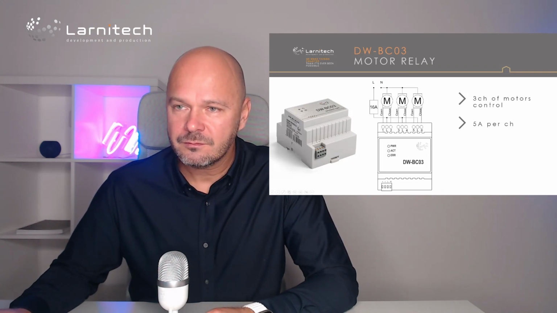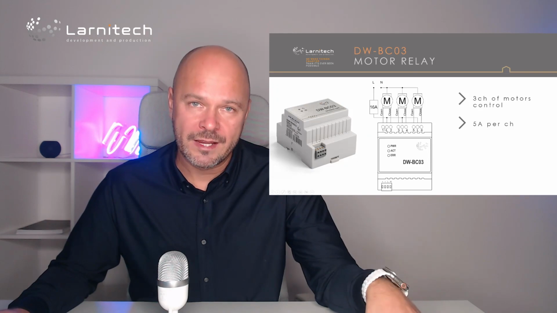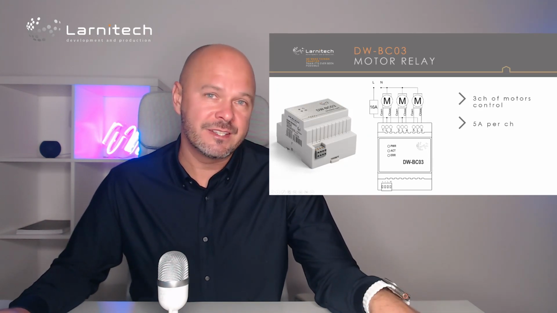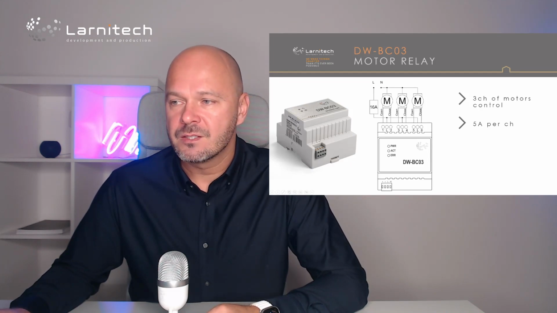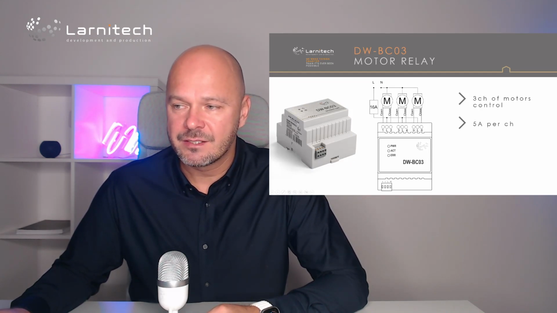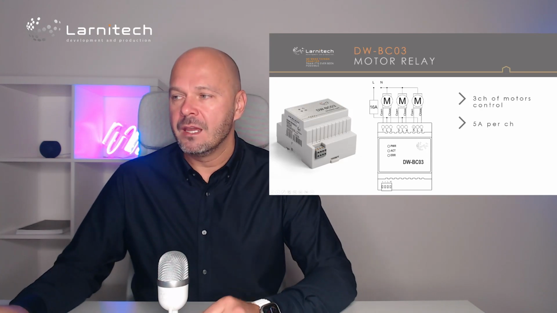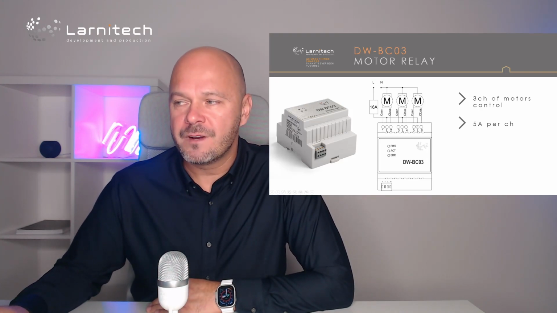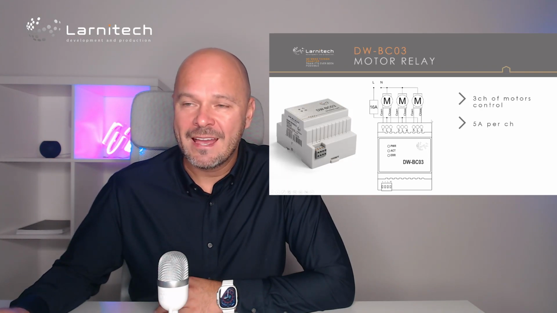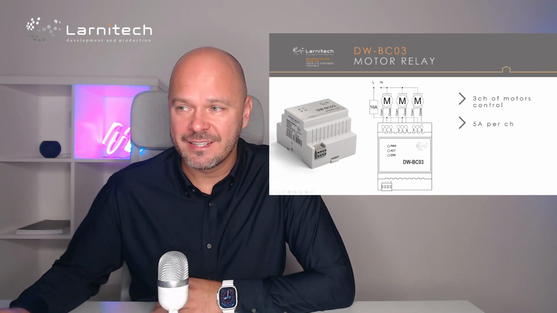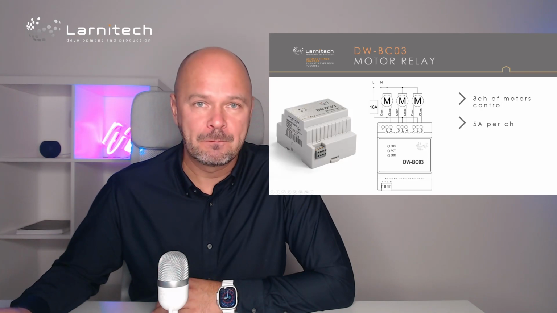So we do it the software way in the normal relay, and usually it is enough. But in here it is done in the hardware way. So 3 motors you can connect to one device. It is up to 5 amps per channel, and it also has a current sensor inside of each relay.